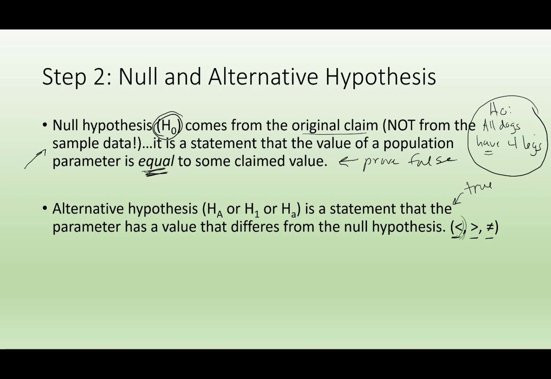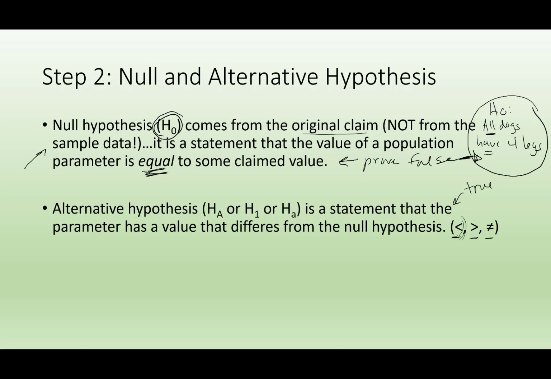If I consider this null hypothesis, this is actually very hard to prove that it is true, because let's say I take a sample of 10 dogs and all 10 of them have 4 legs. That does not prove that all dogs have 4 legs. But if I try to show that this is false, all I would need to do is find one example of a dog that didn't have 4 legs. So maybe I have a dog that has 3 legs.